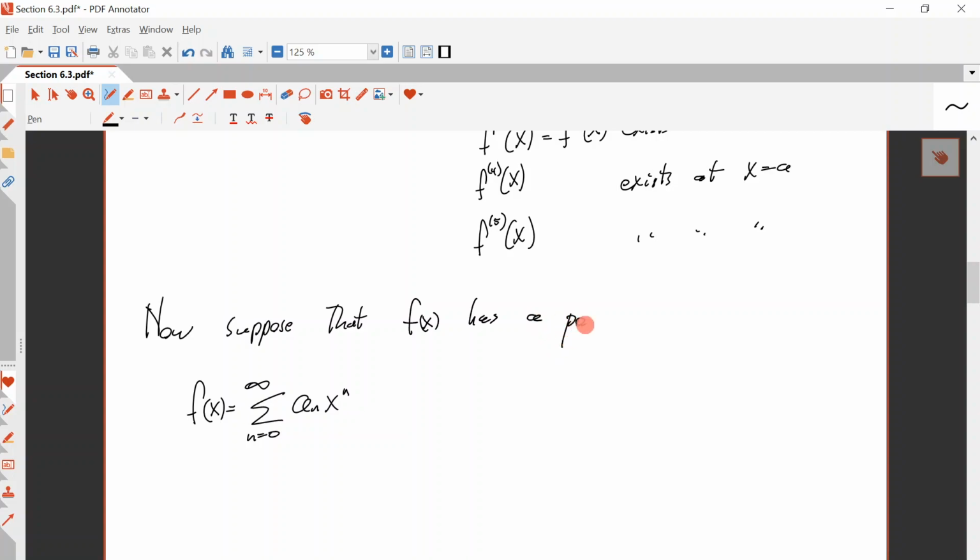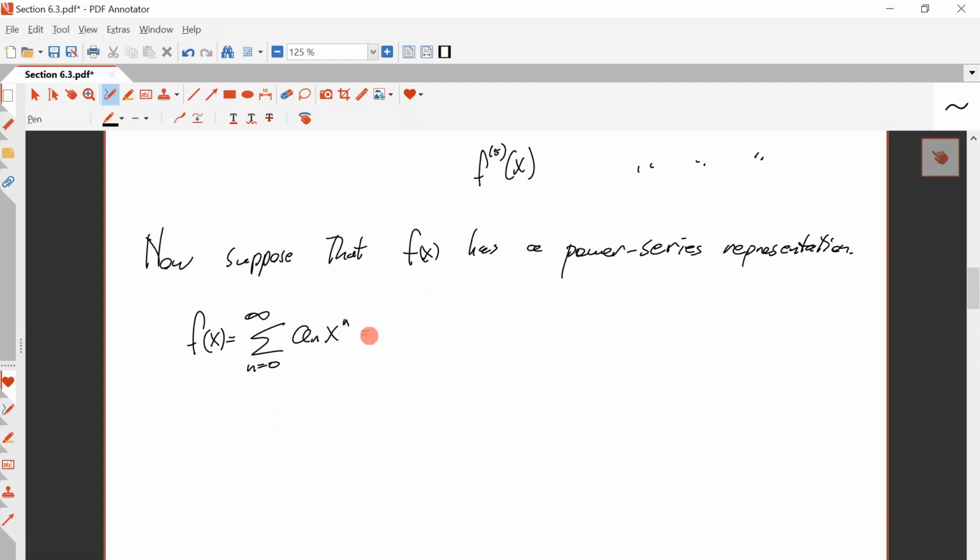Let's write out the terms: that's a0 plus a1x plus a2x squared, a3x to the third, a4x to the fourth, a5x to the fifth, so on and so forth.